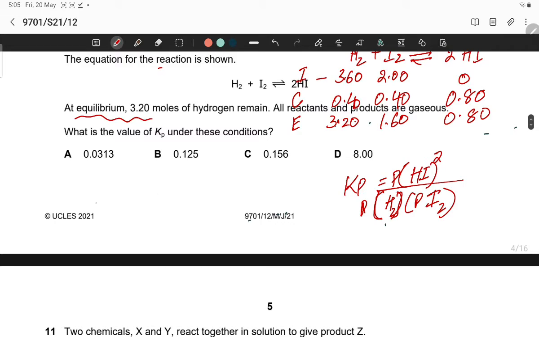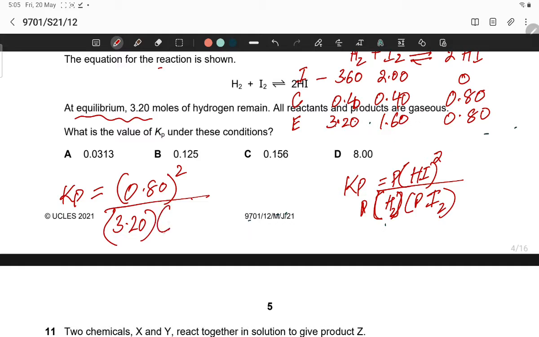So Kp is equal to 0.80, H2 3.20 and I2 1.60. So this is equal to 0.125.